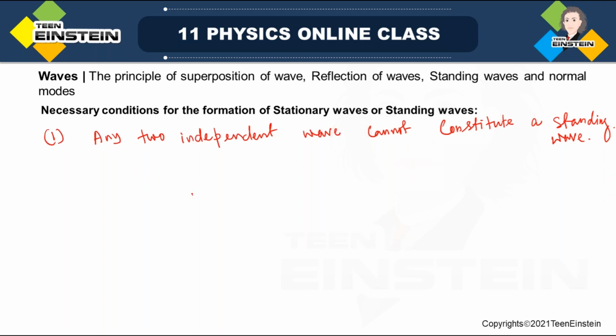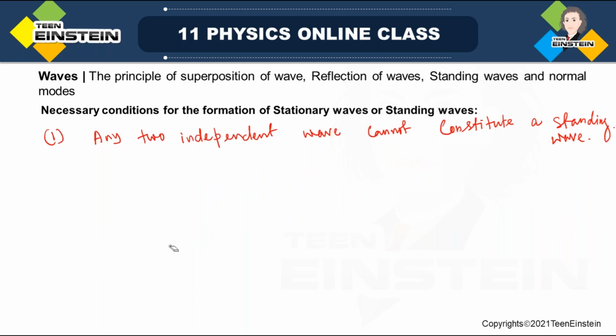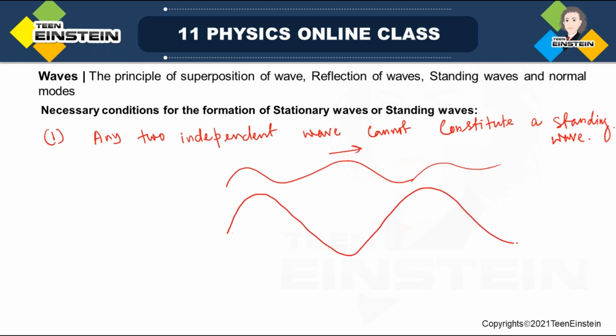I can take any arbitrary progressive waves, two of them. Suppose one is moving in the right-hand direction, and the other is moving in the left-hand direction. Suppose one wave is moving rightward, and some other wave has a much bigger amplitude and a different frequency.